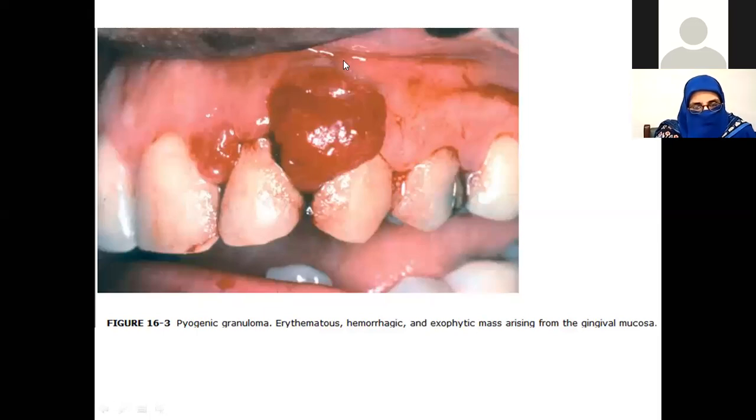Red color appearance. ये red color appearance किस वजह से हो सकती है? या तो it is basically as a result of dense or very dense inflammation, or as a result of tumor which is endogenous in origin, or which is related to the blood vessels.